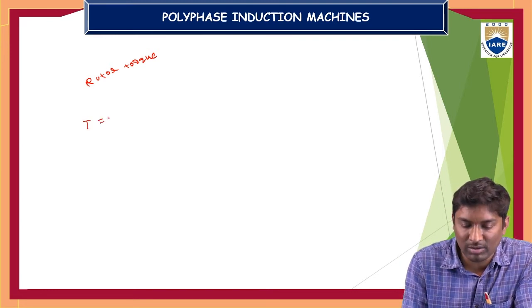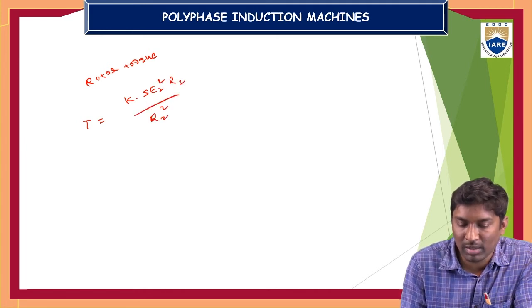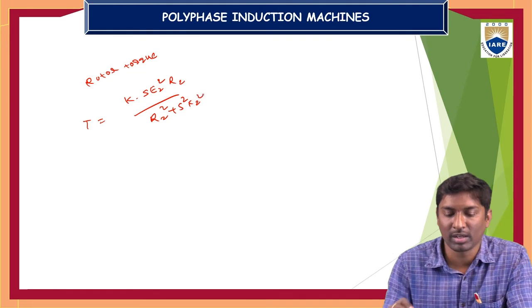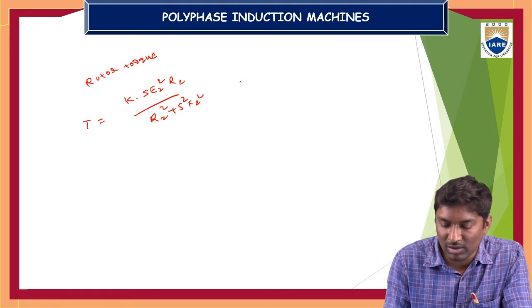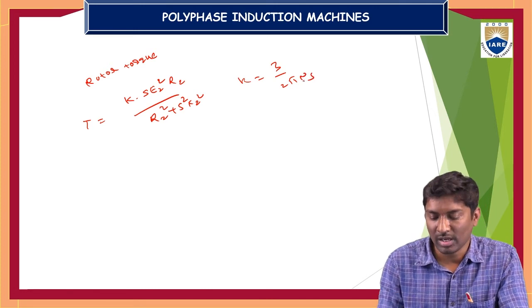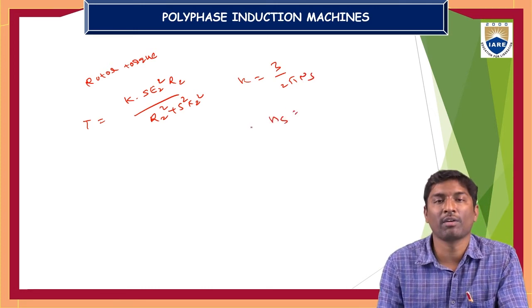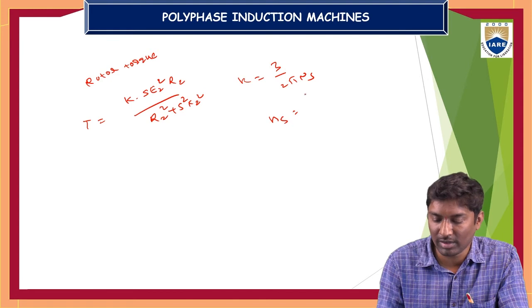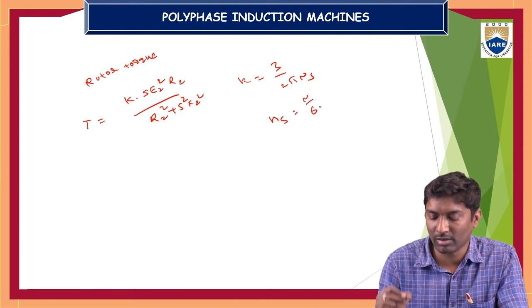The torque is equal to K into S into E2 squared into R2 divided by (R2 squared plus S squared into X2 squared), where K is equal to 3 by 2 pi ns.